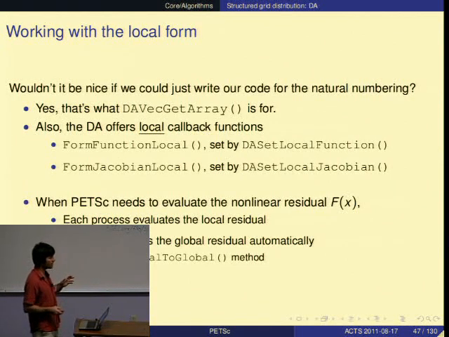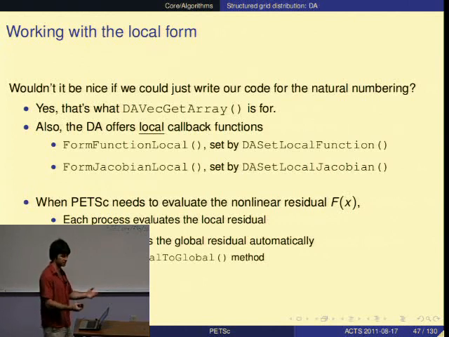I will talk about multiphysics later and give recommendations for problems like that. But there is this object called DM composite that you can use to glue together separate DAs, or even DAs and global parameters.